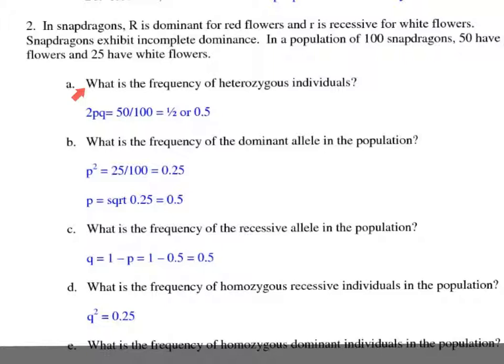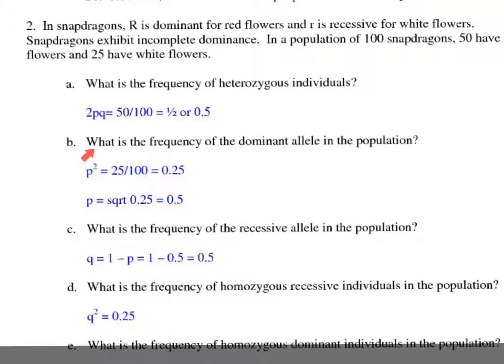What is the frequency of the heterozygous individuals? Remember, heterozygous will be 2pq. So if we take the 50 out of 100 stated in our problem, we would get 1/2 or 0.5 as our frequency of our heterozygous individuals.